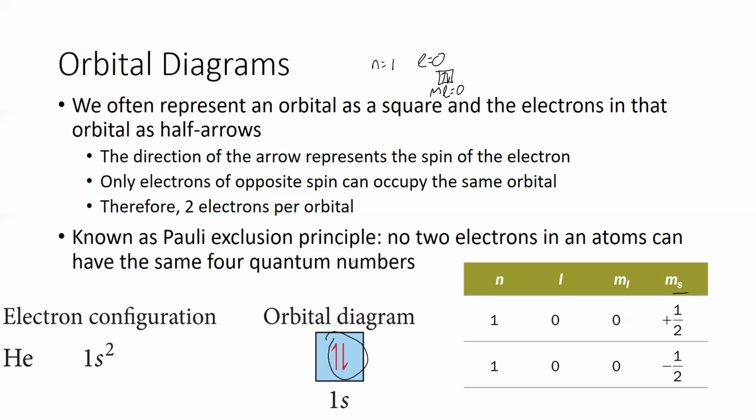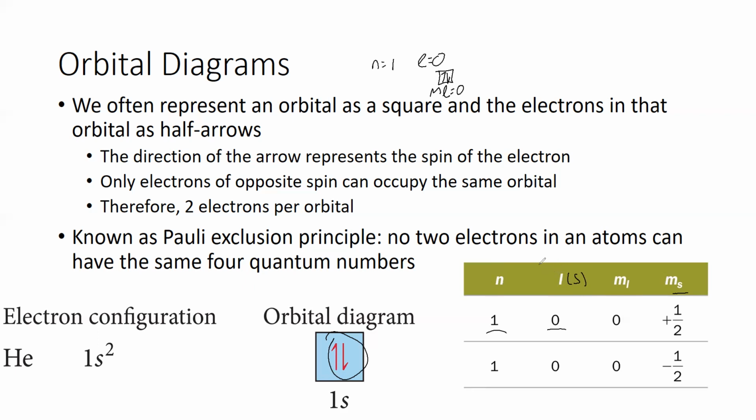So every single electron in an atom needs to have its own unique 4 quantum numbers. That's why for every m sub L, we can have 2 electrons. If they're in the 1s orbital, the principal quantum number is 1 and L is 0. Remember, 0 is the s orbital. If you only have one value of L, you only have one value of m sub L. Let me refresh you on how we determine these.